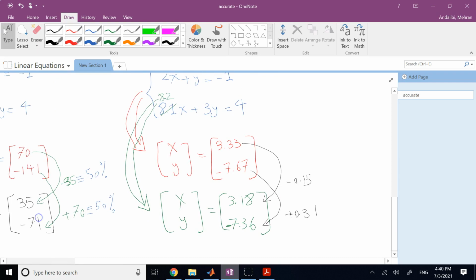What about here? Look at the change here. It is 0.15 compared to 3.33, which is about 22 times bigger. So this is equal to 1 over 22, which is slightly bigger than 4%.